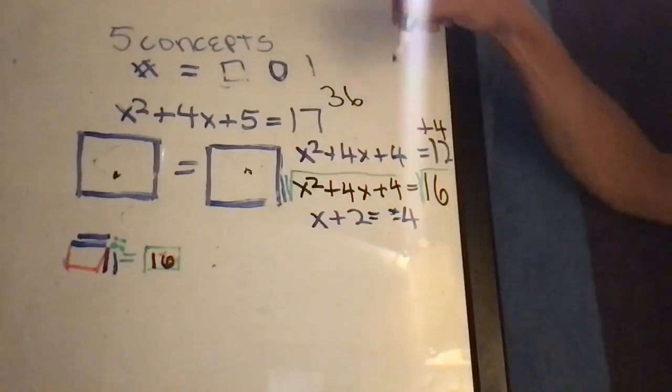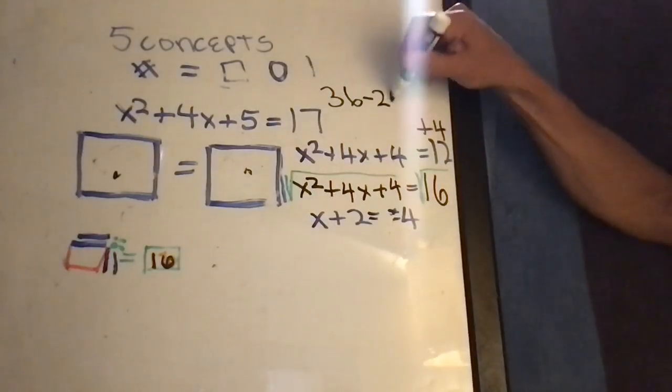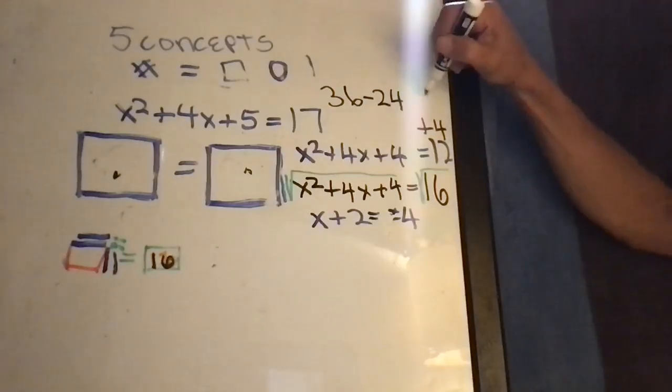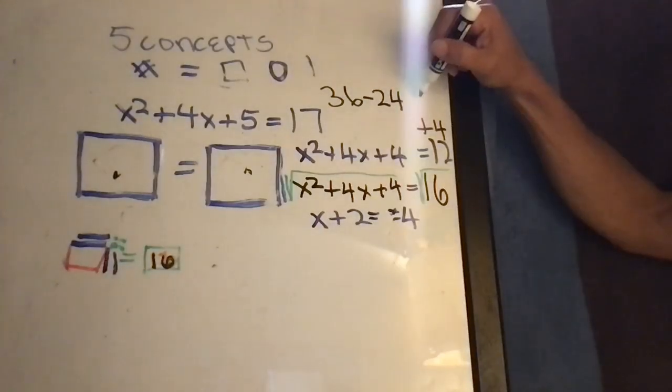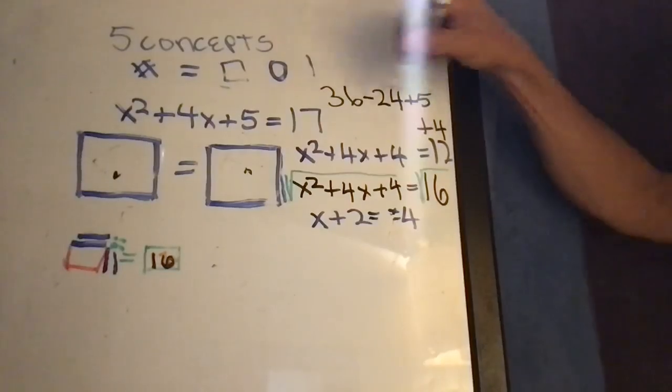And then I have 4 times negative 6, which is 24, plus negative 24, or just that negative sign. And then that's going to be the same thing as what number? Can you do the math? 12. And then I'm going to have to add 5. And sure enough, that's going to be 17.